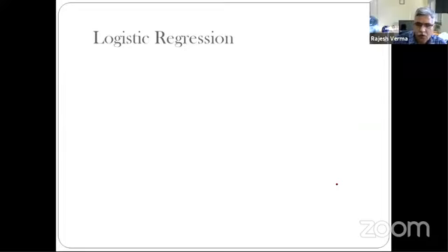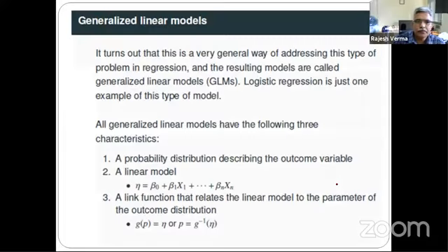Now we further go to logistic regression. In logistic regression, we use the generalized linear models. This is again a linear model, but it's called a generalized linear model. And logistic regression is one example of the generalized linear models.